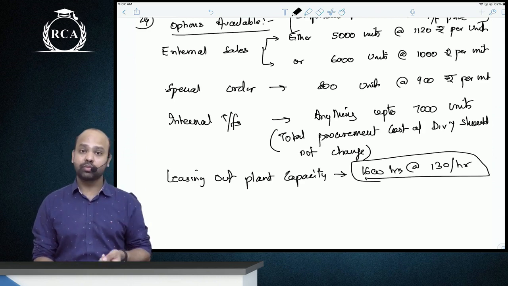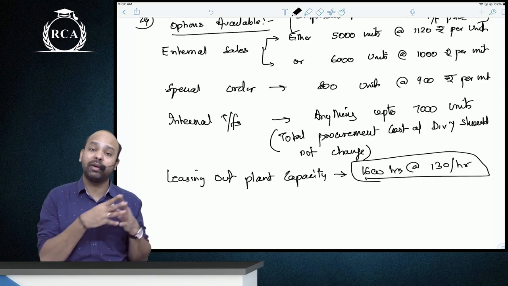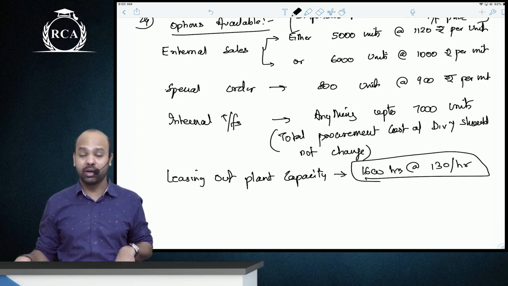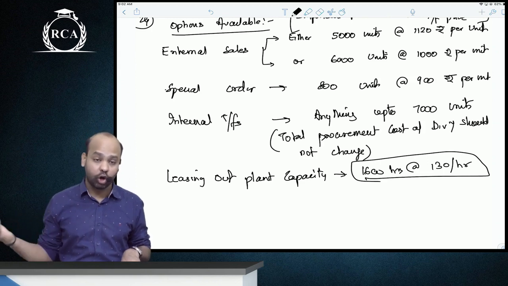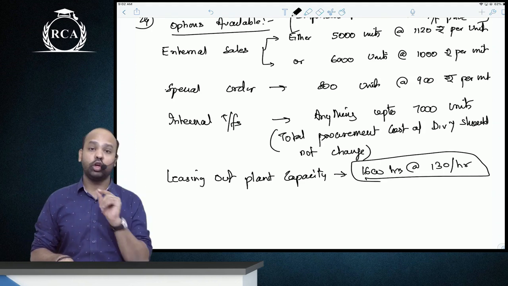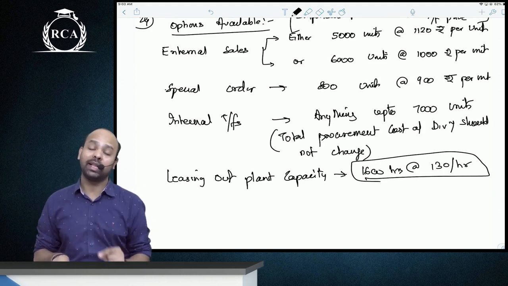And the contribution that I'm going to get by selling a product and the contribution by leasing out plant capacity are different. I will not know what is the contribution that I'm getting from selling a product. So I will have to ignore the option of leasing out plant capacity. I cannot take that into consideration.